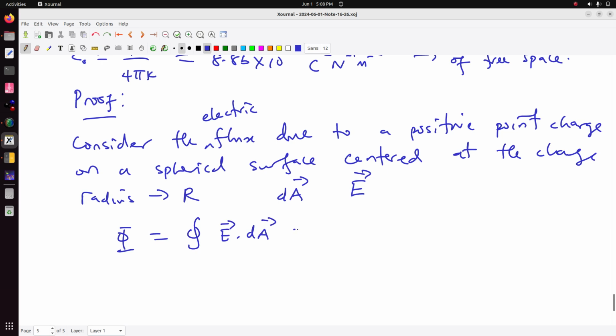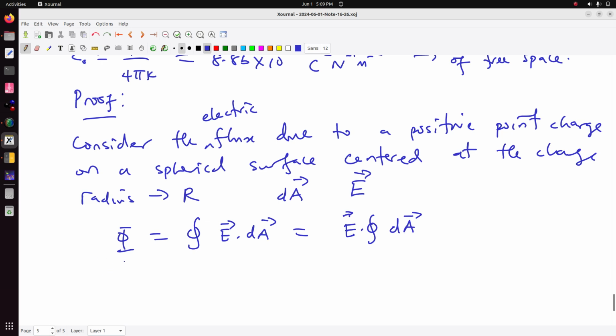If the electric field is constant, we can take E outside the integral, and then we are left with E dot the area.